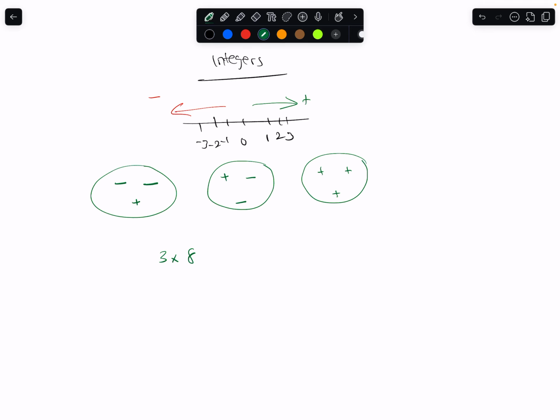But if you're not, it's okay. In our regular multiplication and division, we never cared about the signs of our answers because every answer was positive. So 3 times 8, we already knew was 24, the same way we knew 18 divided by 3 was 6.